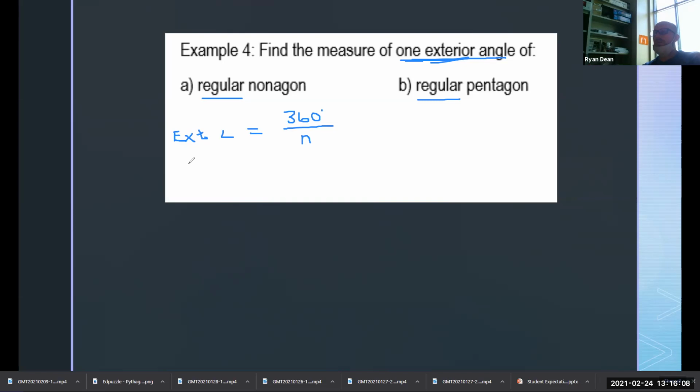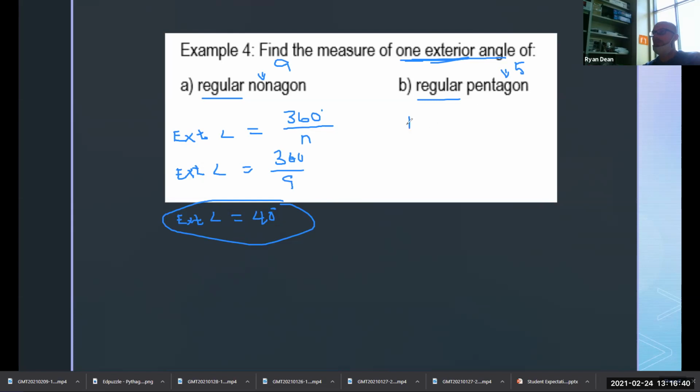Okay, so in this first one here, a nonagon is 9 and a pentagon is 5. So my exterior angle for part A is 360 divided by 9. So each exterior angle is going to have a measure of 40 degrees.